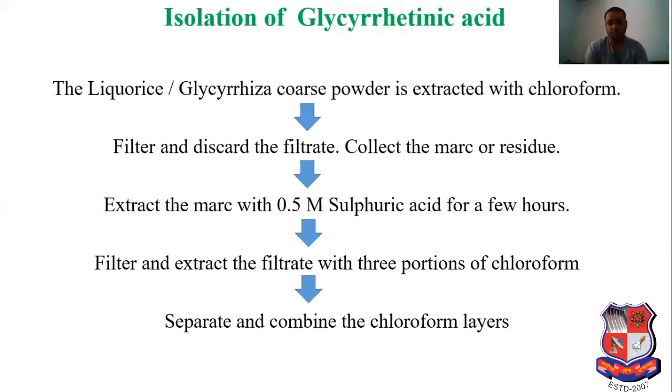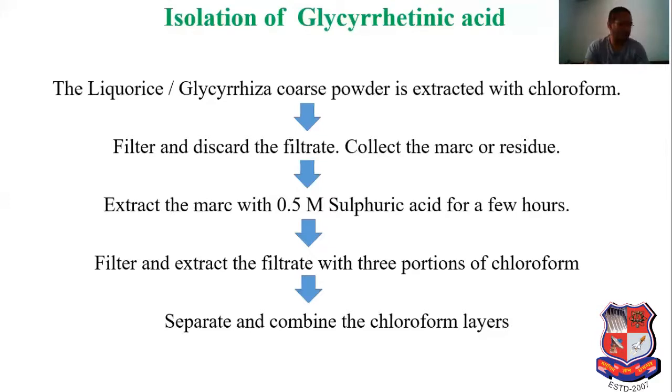After the completion of extraction, we filter the chloroform extract, discard the filtrate and collect the marc or residue. Here you have to remember, we have to use the marc or residue. Do not use the filtrate. In many extractions, we collect the filtrate, concentrate it and do the further procedure on this filtrate.